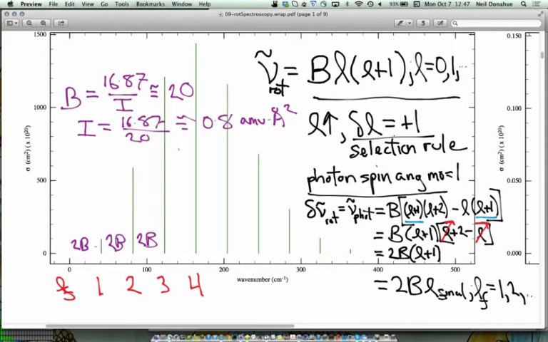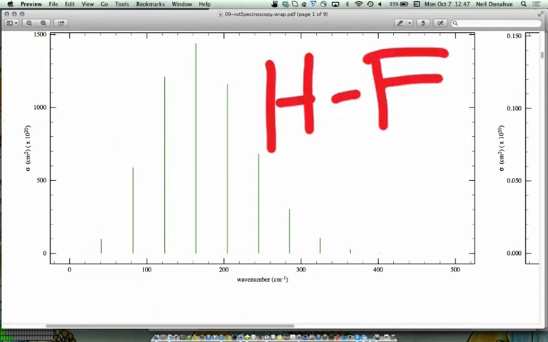And now, since bonds are typically about an angstrom or so, that means that we're looking at a reduced mass, which is mu r squared, remember. The reduced mass is something around an atomic mass unit. And that means that this system has to have a hydrogen. It's a hydrogen spinning around something, XH. And actually it turns out that's exactly what it is, HF.